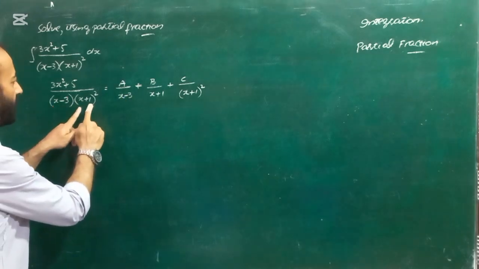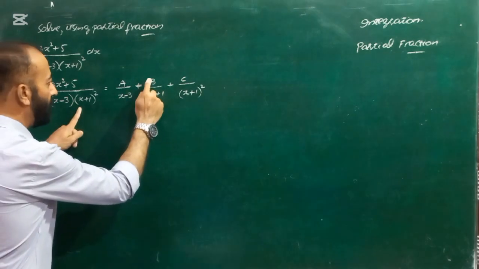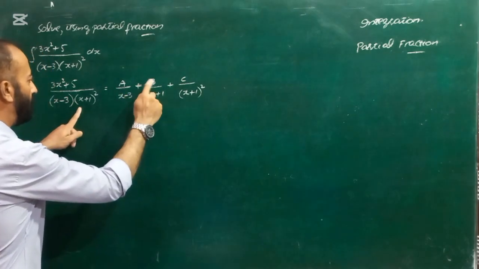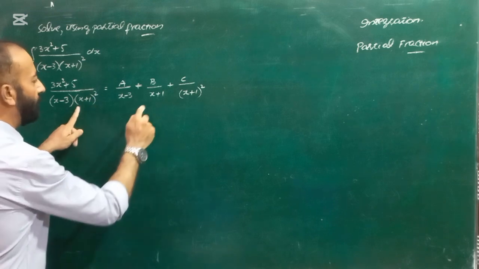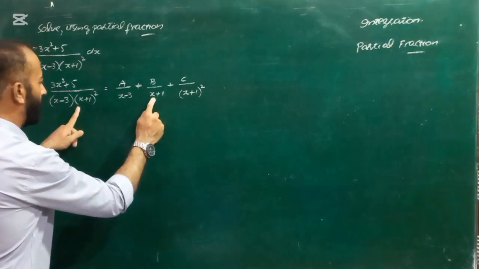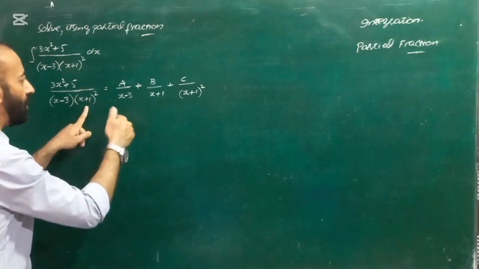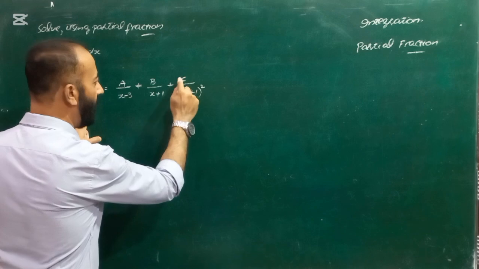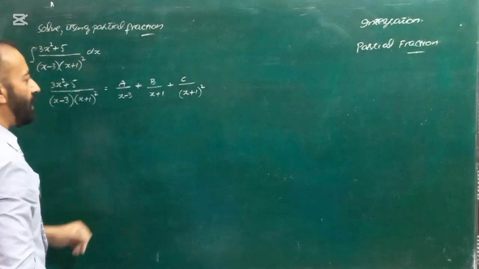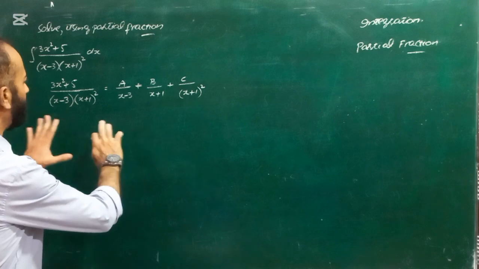In the second bracket the power is linear, so a single alphabet will be put, and the bracket with power 1 will be placed in the denominator. In the next step, again the same bracket with power 2 will be put in the denominator of the next alphabet. So this is the first step of this kind of category.